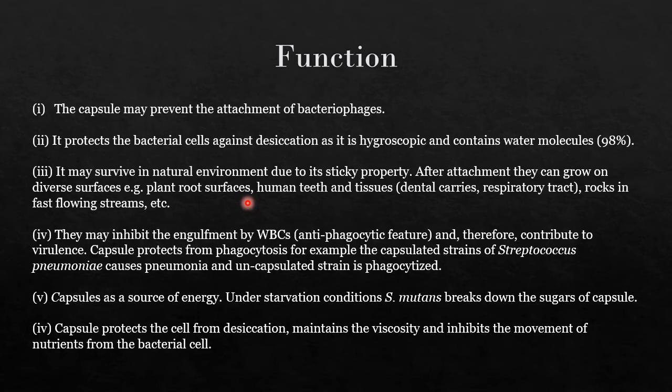That substrate can be human teeth or tissue or a plant root or leaf, anything. Once they attach firmly, they start growing. Even in the case of biofilms, you will come across these polysaccharides. There it is exopolysaccharide, but the function is a bit the same, so you can relate that.